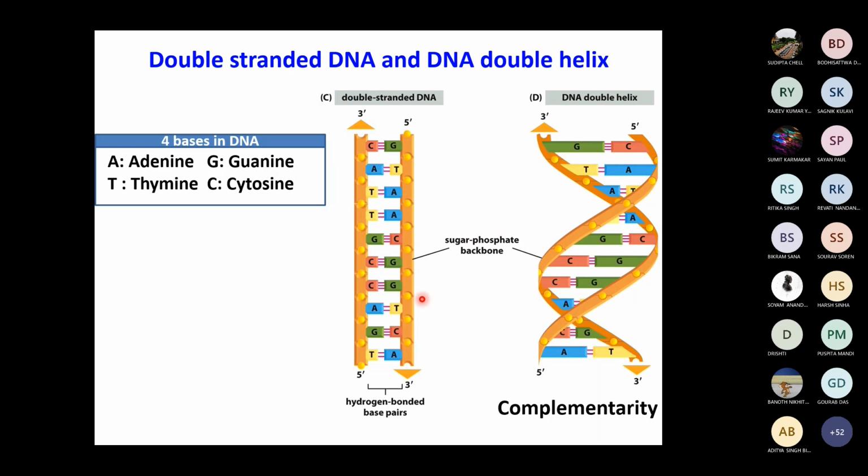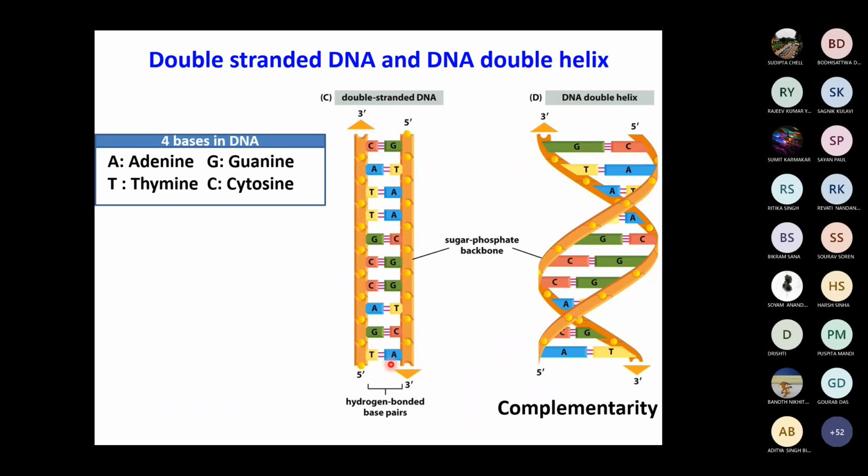Let me show one thing here. Can you see the polarity of this structure? One strand is pointing from 3' to 5', and another strand is pointing from 5' to 3'. This is known as antiparallel bonding in the DNA.